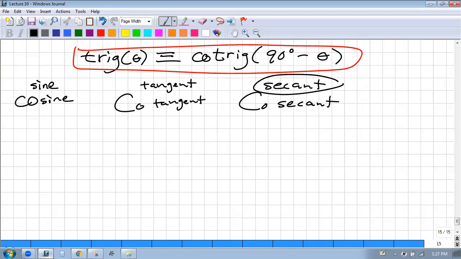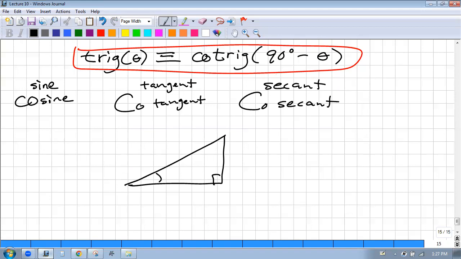Secant was 1 over cosine. This one was 1 over sine. What's the connection here between a trig function and its cofunction? It has to do with complementary angles, okay? Check this out. If this is alpha and this is beta, all the angles have to add up to 180 degrees in a triangle. Alpha plus beta, this is 90, right?